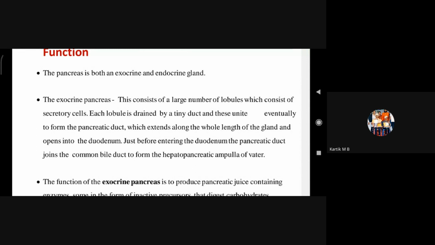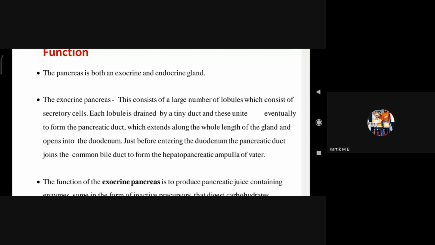Just before entering the duodenum, the pancreatic duct joins the common bile duct to form the hepatopancreatic ampulla of Vater. So just before the duodenum, this pancreatic duct is connecting with the bile duct, which is coming from the gallbladder, right? So they make a common duct just before entering the duodenum.